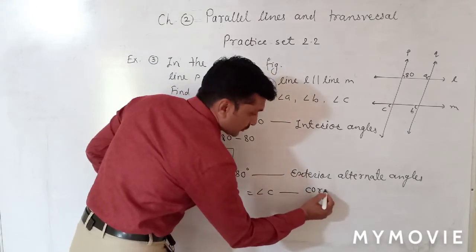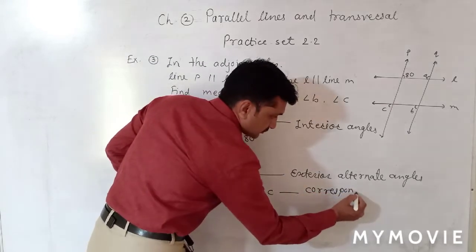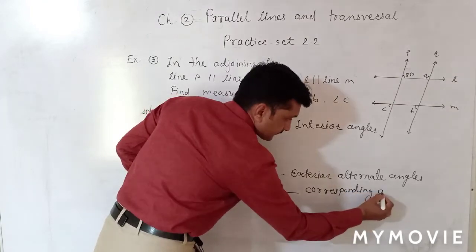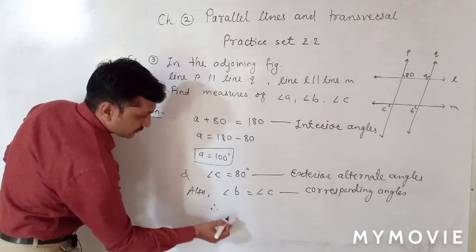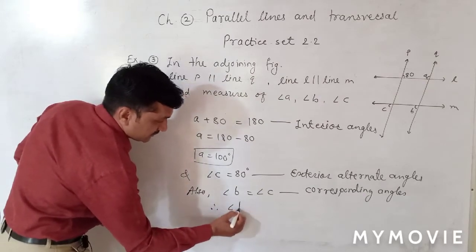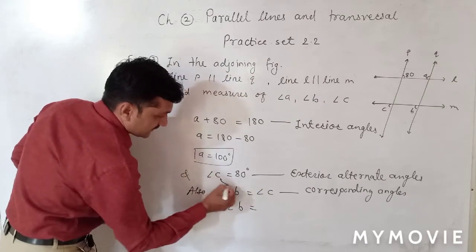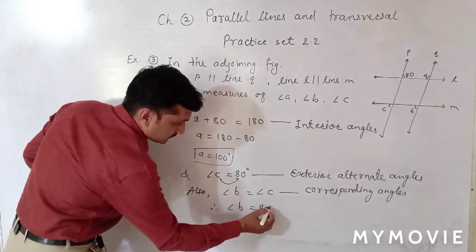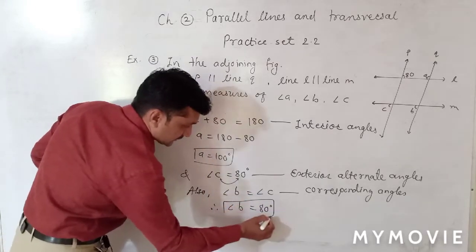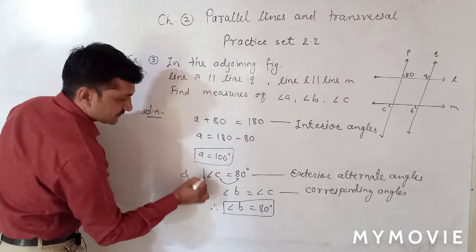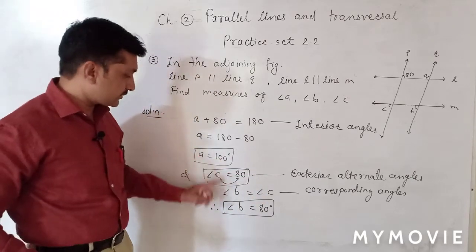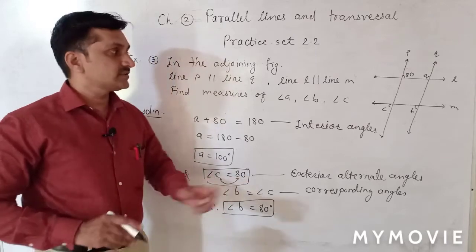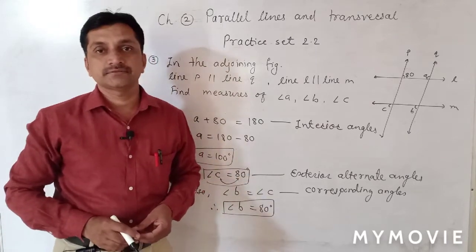They are corresponding angles. If they are equal, their measures are also equal. Therefore, angle B is equal to C, and C is 80 here. Therefore, angle B is 80. In this way, we got all three: A is 100 degrees, B is 80 degrees, and C is also 80 degrees.